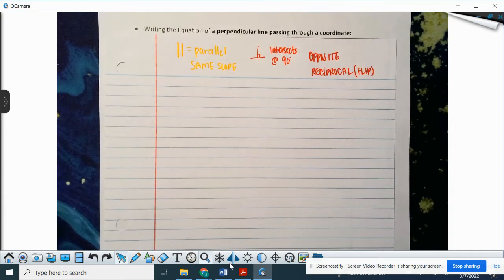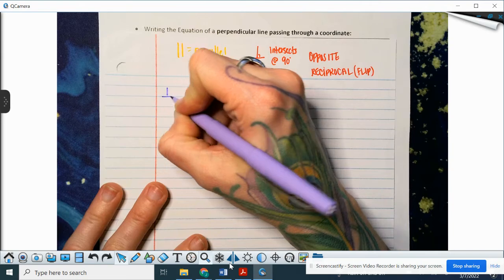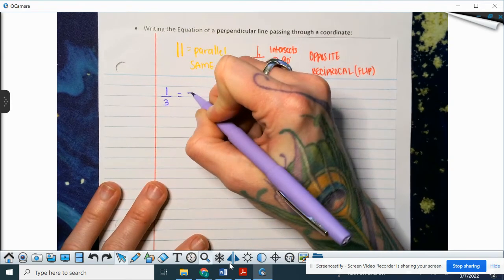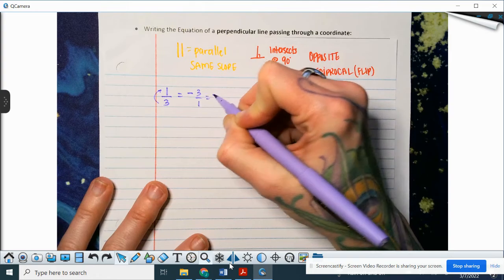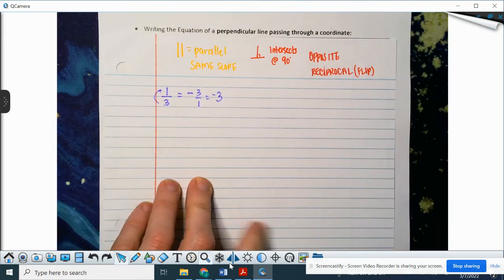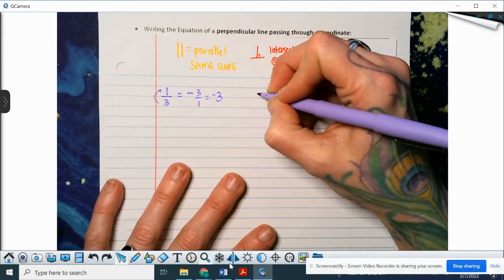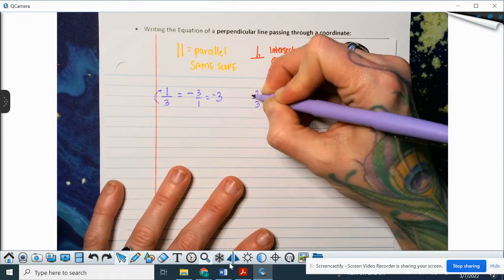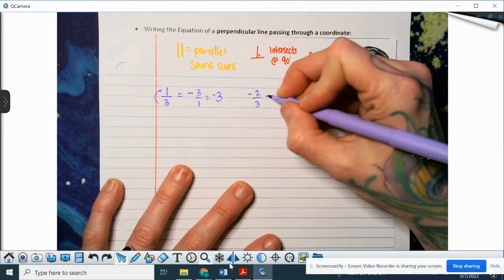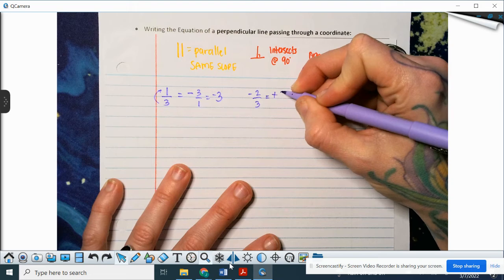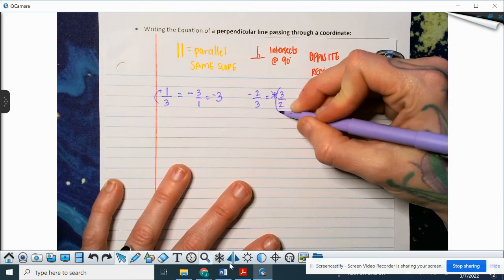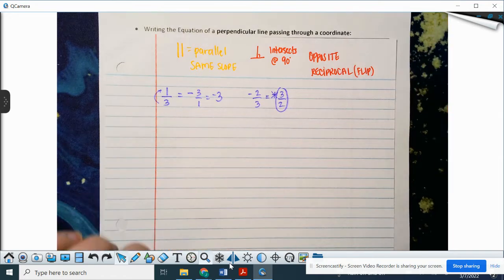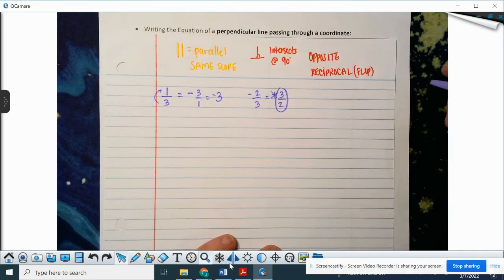So some examples: if I have a slope of a positive 1/3, it's going to become a negative and then flip our fraction, which is 3/1, which we would know is a -3 slope. If I have -2/3, we'll make it a positive, flip, 3/2, which is our opposite reciprocal slope to -2/3.